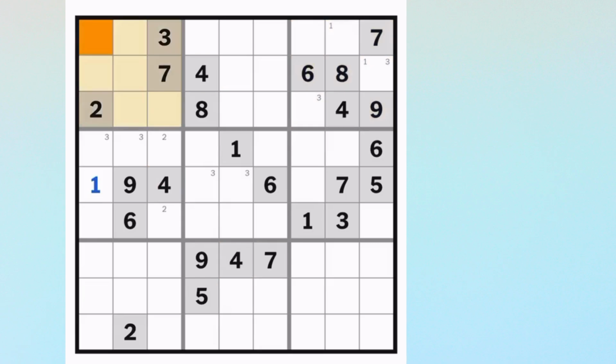So these are the 2 cells where 4 is a likely candidate. Then these are the 2 cells where 4 is a likely candidate in this block.